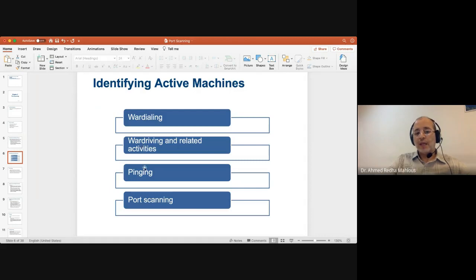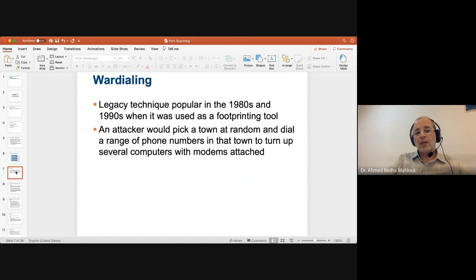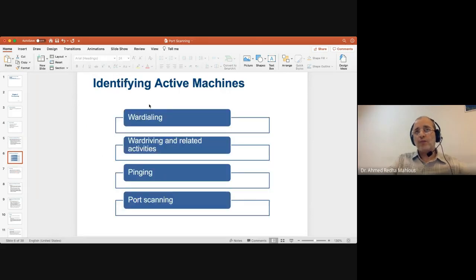We have pinging, and we have port scanning. These are some approaches that you can use to gather information about the active machines. You are not going to waste your time attacking a machine or an IP address belonging to a machine that is not active, that is down.